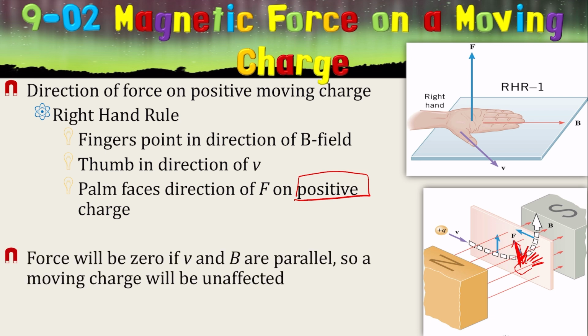The force will be zero if the velocity and the magnetic field vectors are parallel. So the moving charge would then be unaffected if they're going parallel to each other. In order to be affected, there has to be a component perpendicular to the magnetic field.